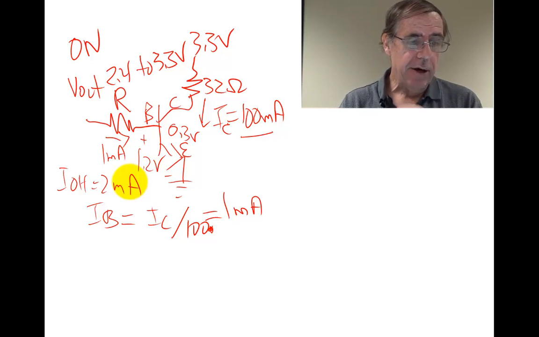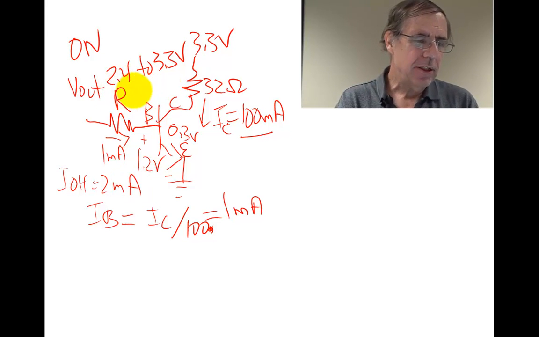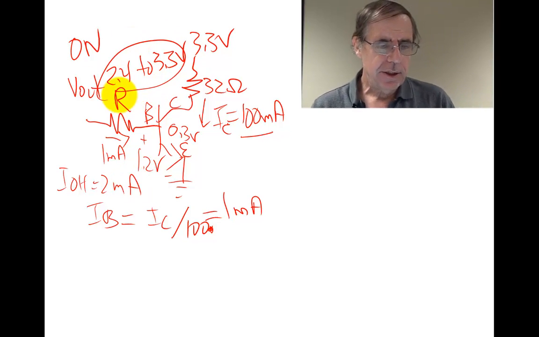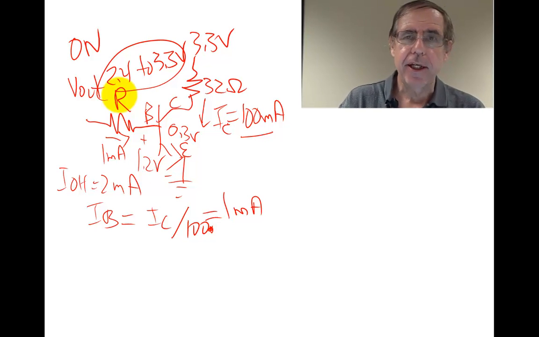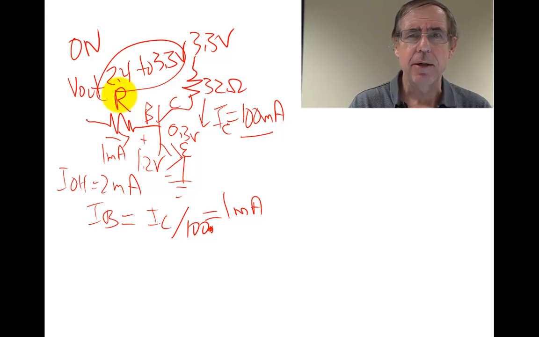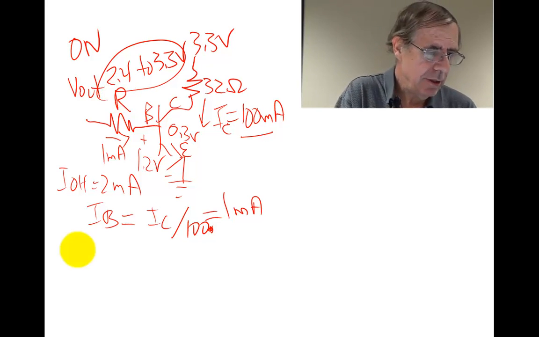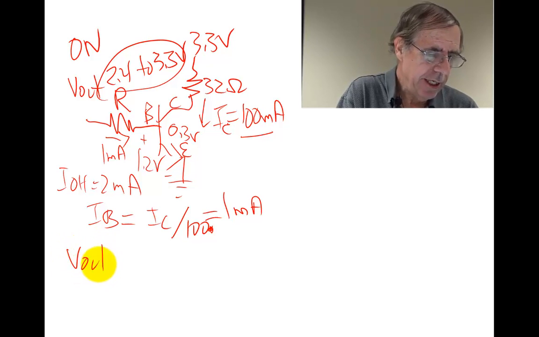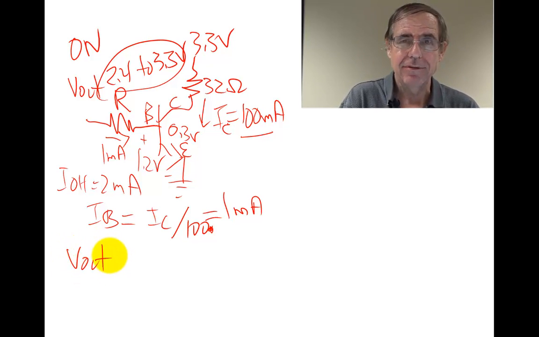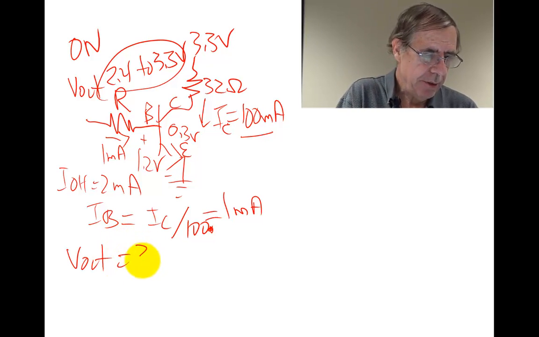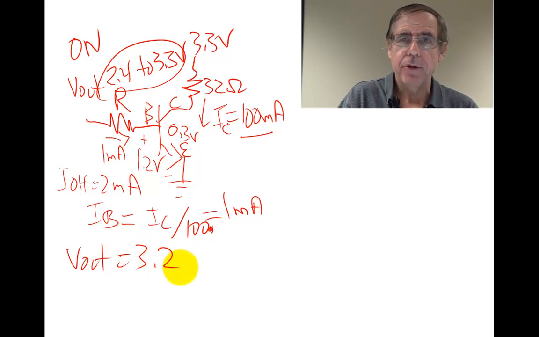And now I can do Ohm's law to find R. If I were to drive 1 milliamp into this device, what voltage would it be? I didn't bring my calculator, so I'm going to choose a number that's easy to calculate. So go ahead and get out your voltmeter and see what it really is. But in order to make my math easy for my old mind, I'm going to use 3.2 volts.